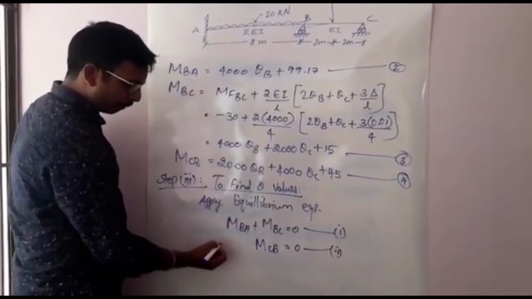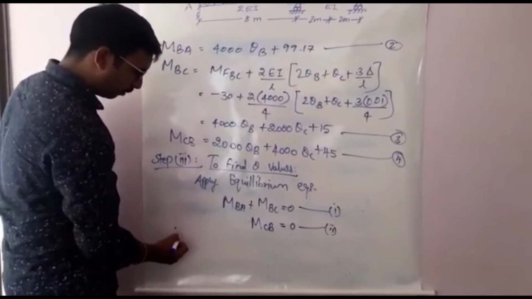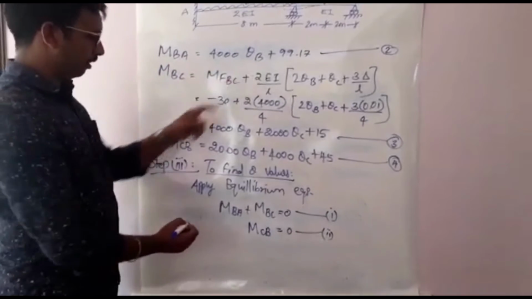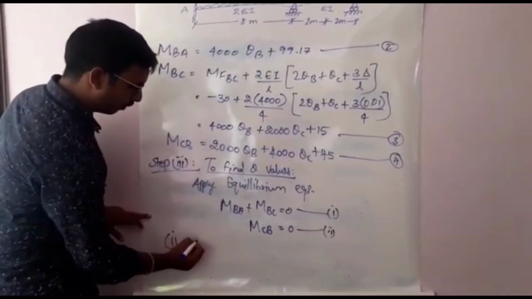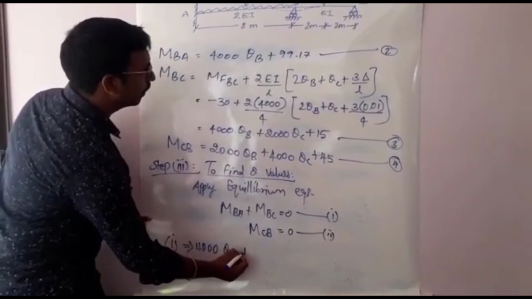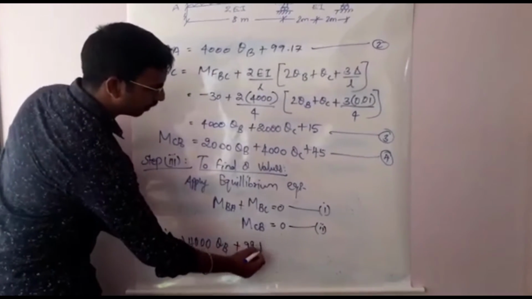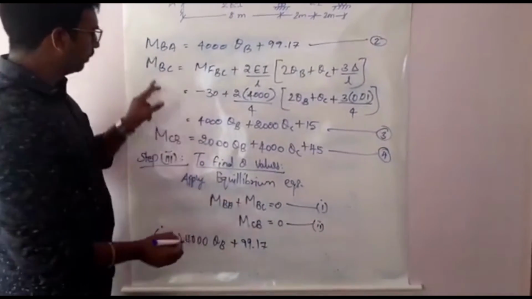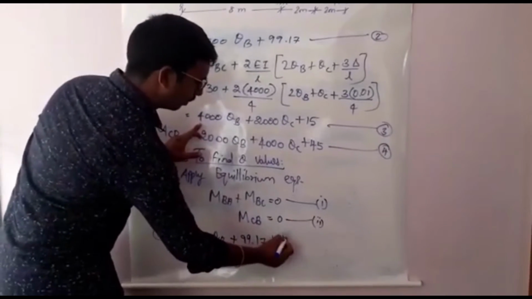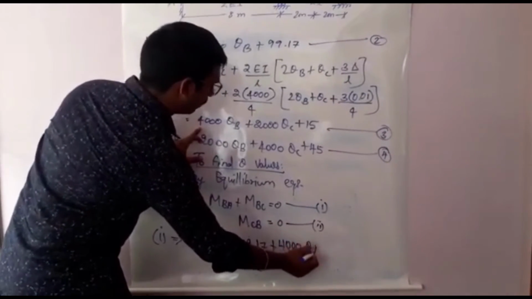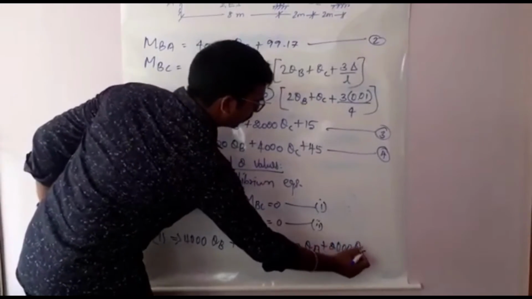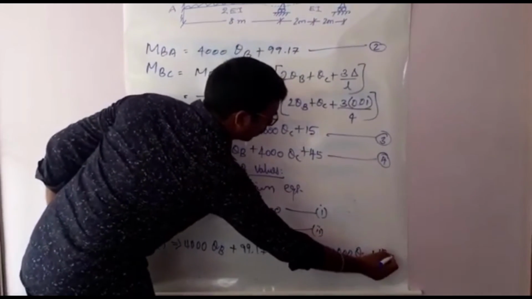If you apply this, you will get the MBA value, 4000 theta B plus 99.17. Then the MBC value here, plus 4000 theta B plus 2000 theta C plus 15 equal to 0.